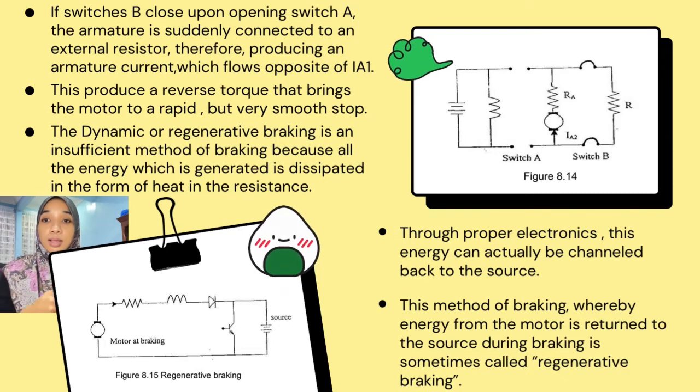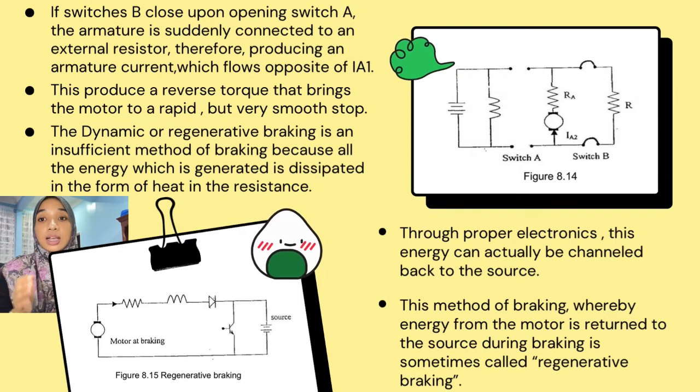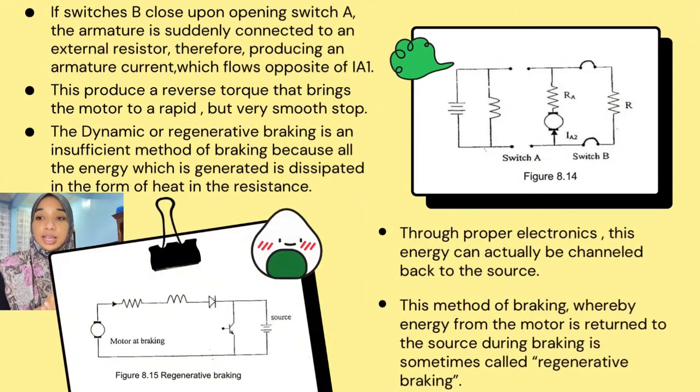Dynamic braking is an inefficient method of braking because all the energy which is generated is dissipated in the form of heat in the resistor. Through proper electronics, this energy can actually be channeled back to the source.